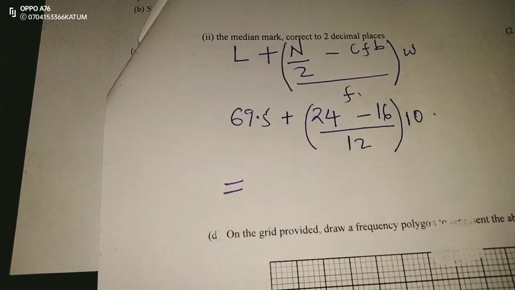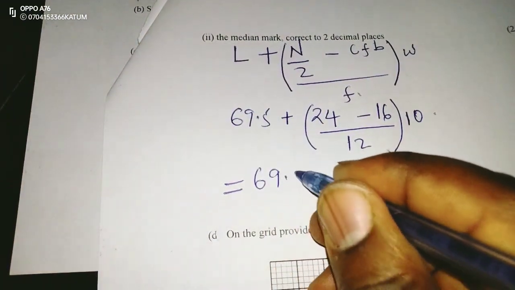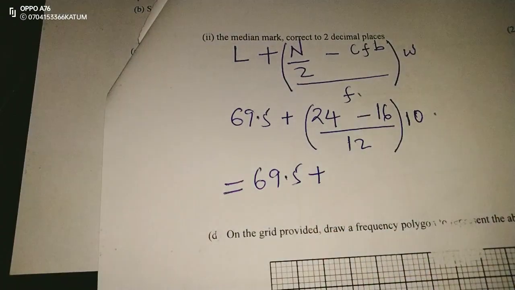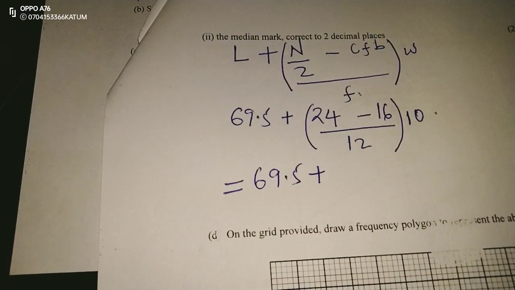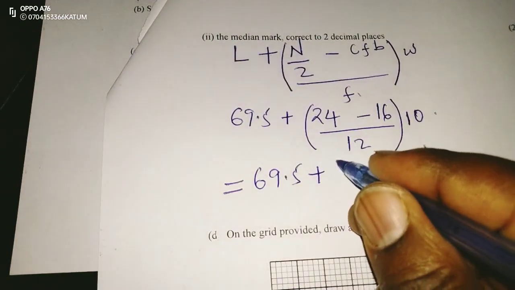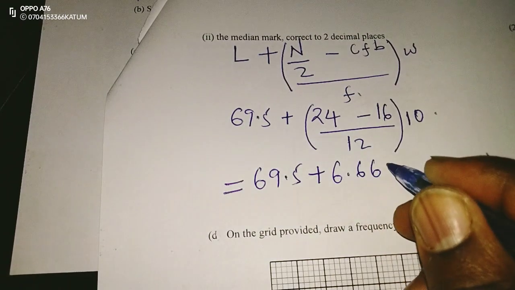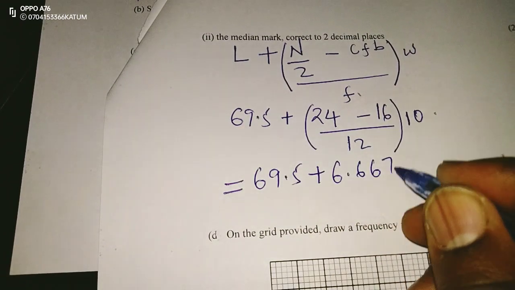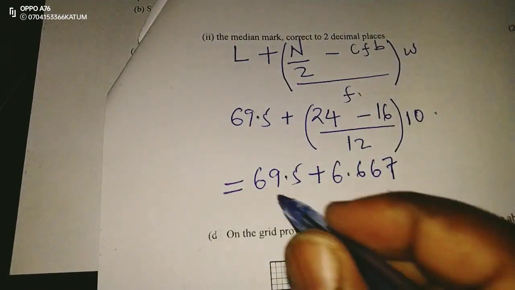So now I'm going to have 69.5, and I add 24 minus 16. This one should be divided by 12, then multiplied by 10. I'm getting 6.667 to 4SF.